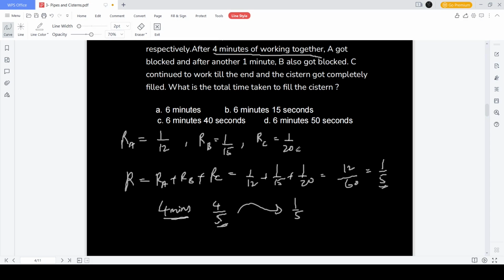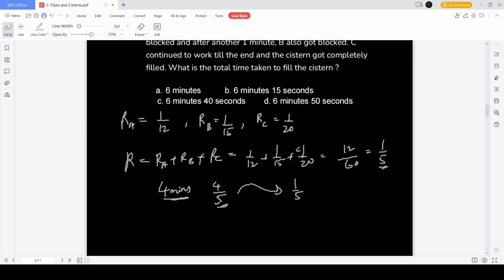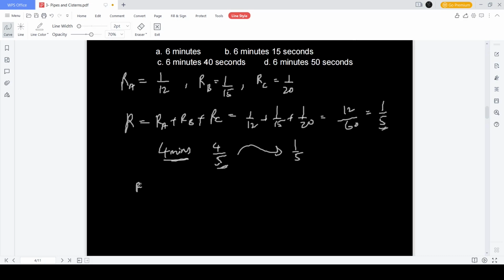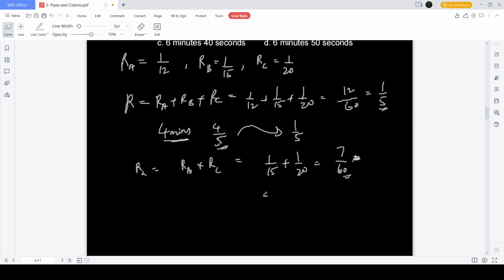Then for a minute only B and C work together, so the rate will be rate of B plus rate of C, which is 1 by 15 plus 1 by 20, again over 60, and this will be 4 and 3, 7 by 60. So this is the rate for B and C. If they work for a minute, they fill 7 by 60th of the tank.